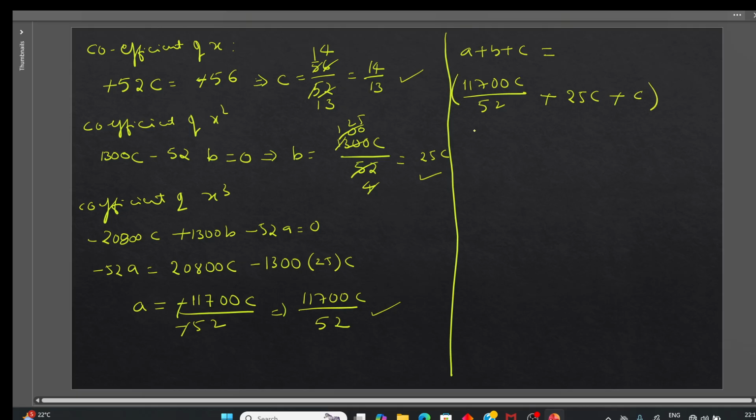In these three terms, c is common. So 11700 by 52 plus 25 plus 1, take c as common.